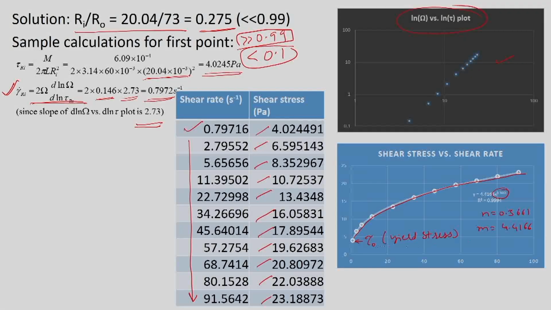And tau naught is given; this is a Herschel-Bulkley fluid. So, tau naught H is approximately 3.5 pascals. So, this is how we can obtain the rheological behavior of a fluid using concentric cylinder rheometers.